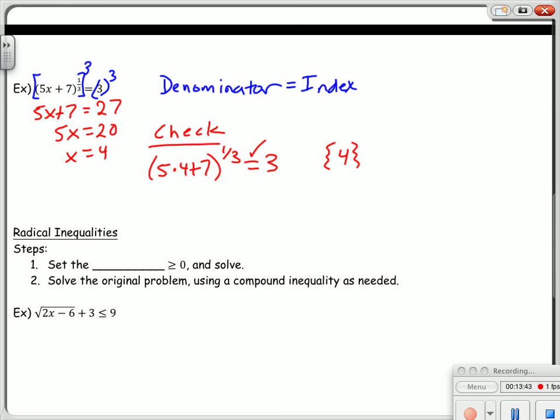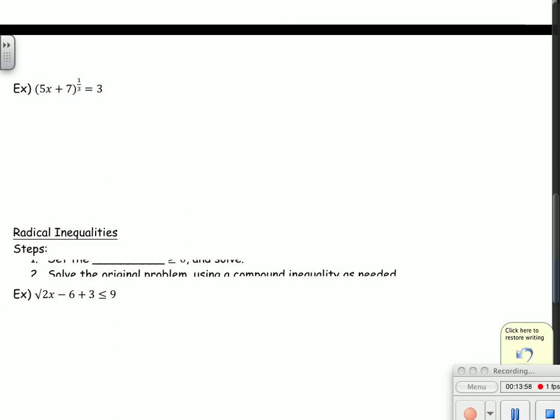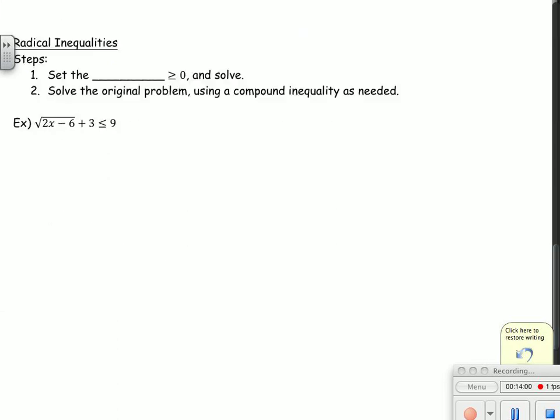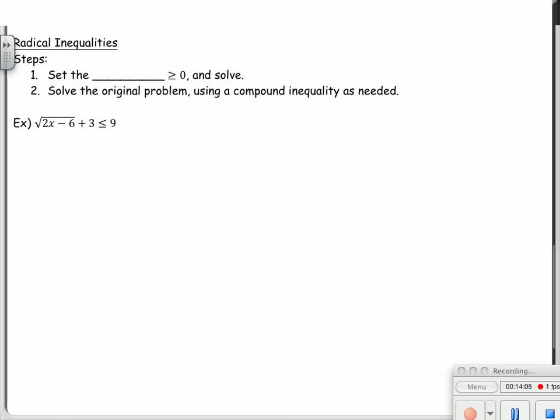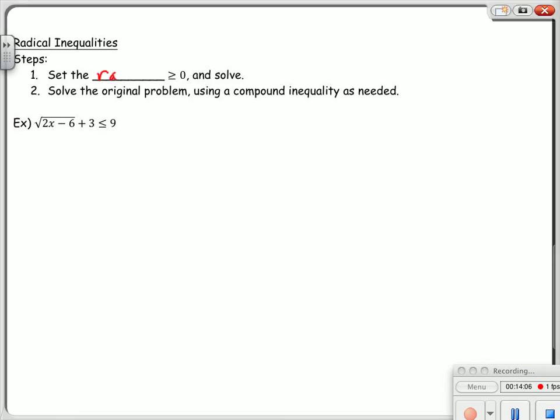We've seen several different ways to encounter radical and rational equations. You always raise both sides to the index after you isolate the radical. For radical inequalities, it'll be much of the same, but there's a new first step, and that's to set the radicand greater than or equal to 0 and solve that inequality.